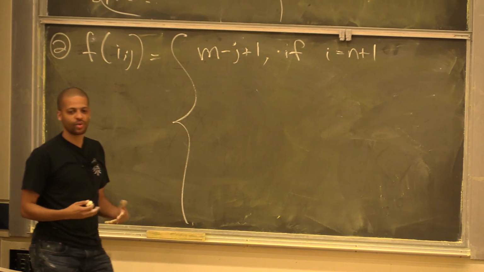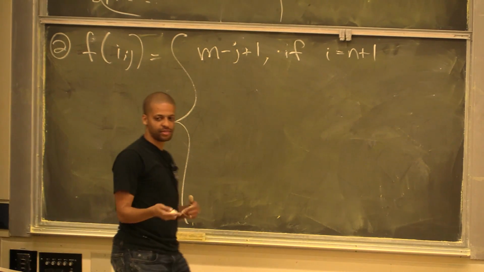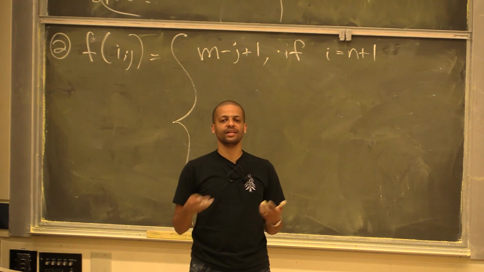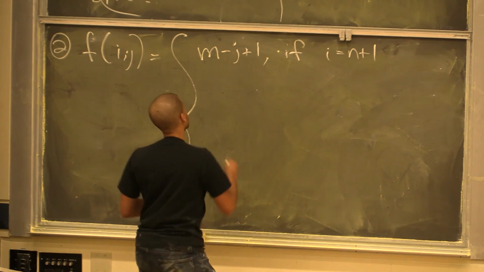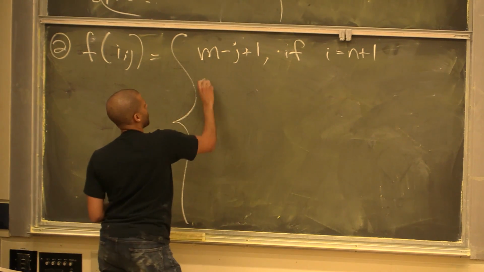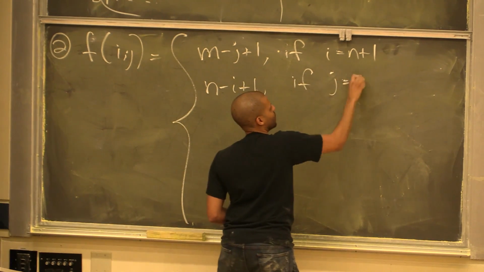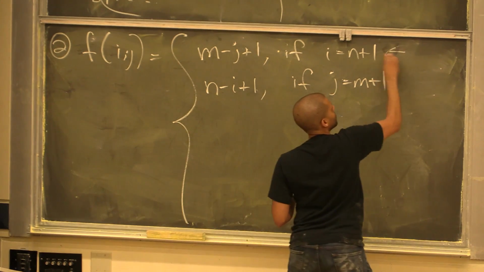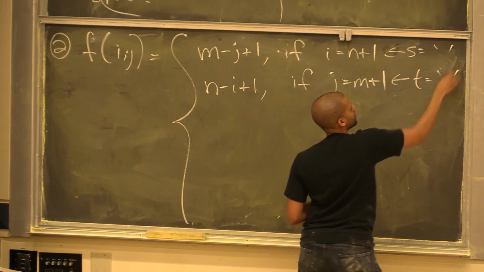If i is equal to n plus 1, there's no character left in S. It's the empty string. Similarly, T might be the empty string. And the cheapest way to deal with that is to delete the letters of S one by one, instead of inserting one by one. So deleting one by one costs n minus i plus 1 if j is equal to m plus 1. So this means S is the empty string. This means T is the empty string.